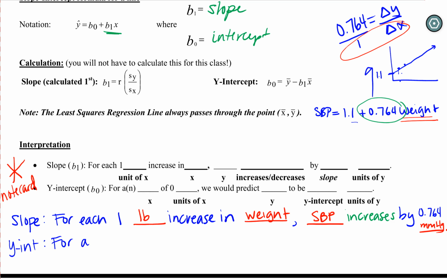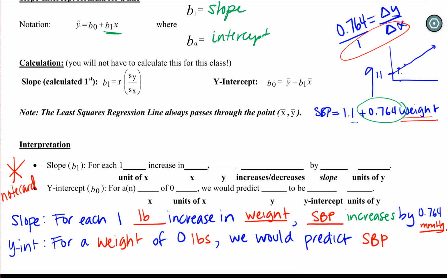For a, and our x is weight still, for a weight of 0 pounds, we would predict, and our y variable here is systolic blood pressure, to be 1.1, because that's our intercept, right? Millimeters mercury.